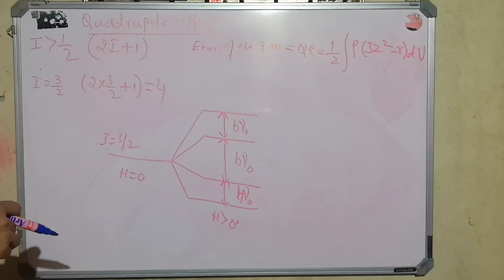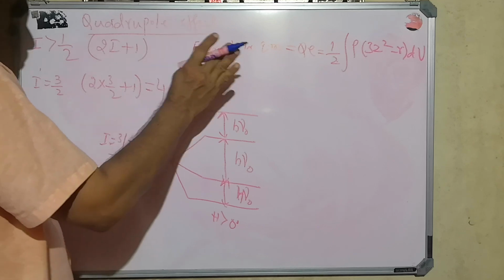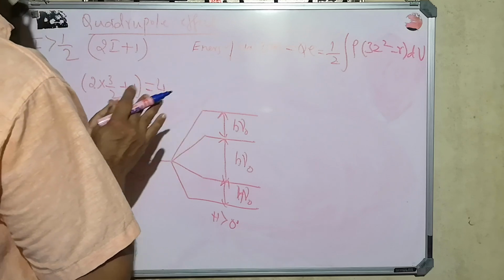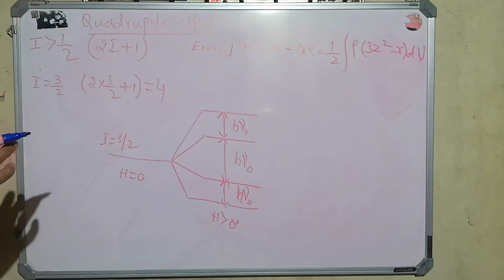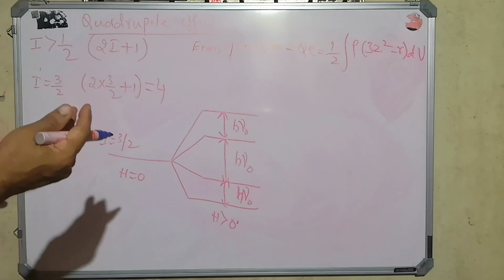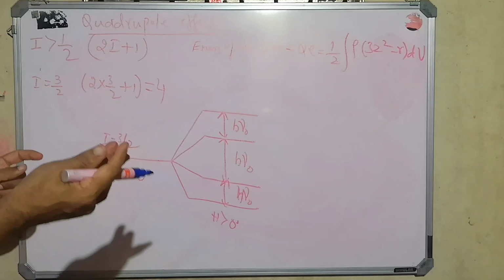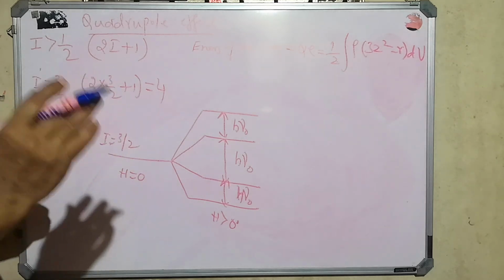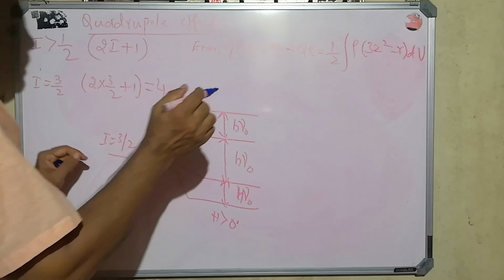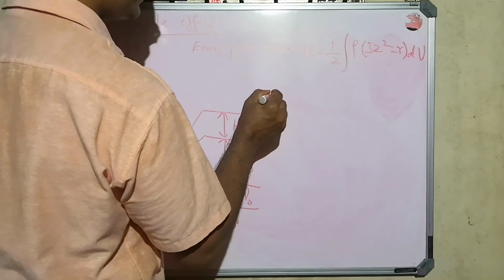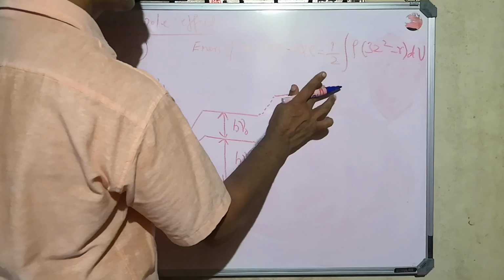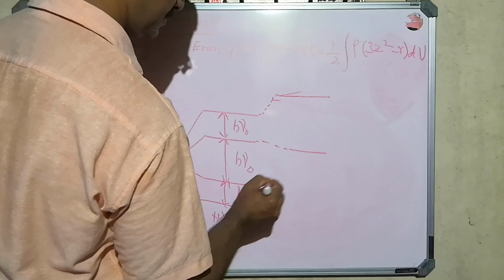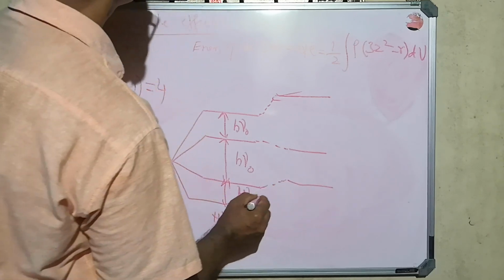So now the effect of the quadrupole moment is like an electric field acting on it. That means additional splitting is caused due to the interaction of nuclei with the electric field. Because of this, the additional splitting takes place, like this.